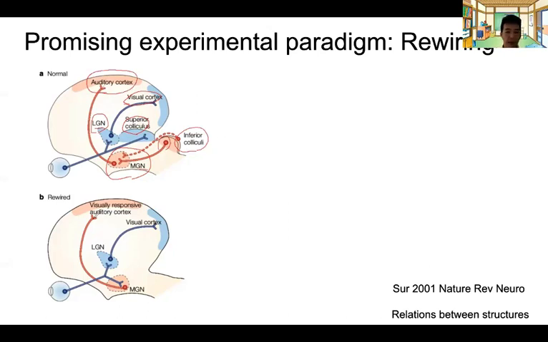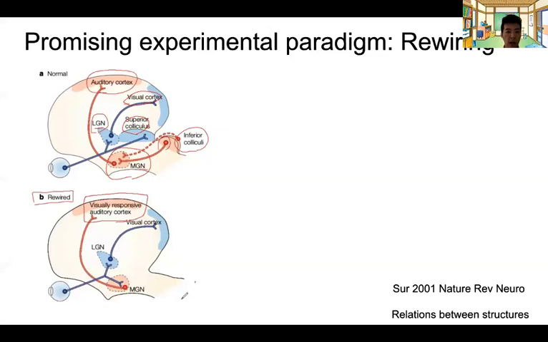And then what they did in this rewired animal is they cut the connection to the superior colliculus first, and also induced some kind of branching from axons normally going to the superior colliculus into the MGN. That resulted in a rewired animal whose axons go from the retina to MGN to auditory cortex, which is actually responsive to visual stimuli.